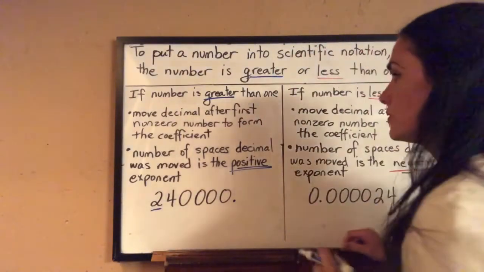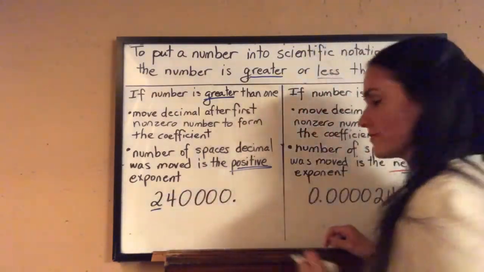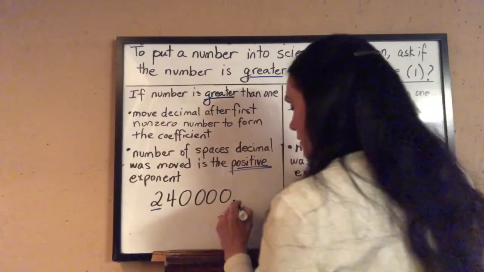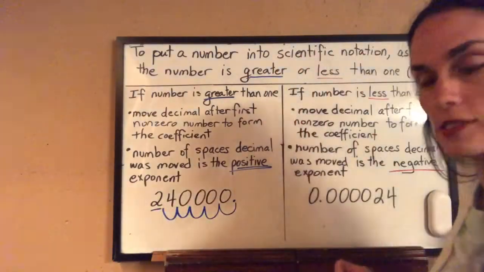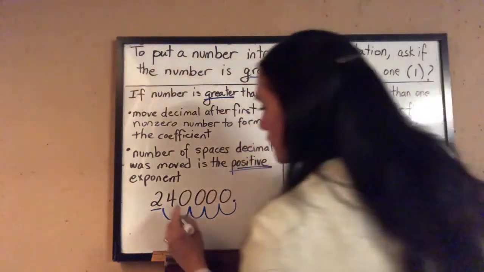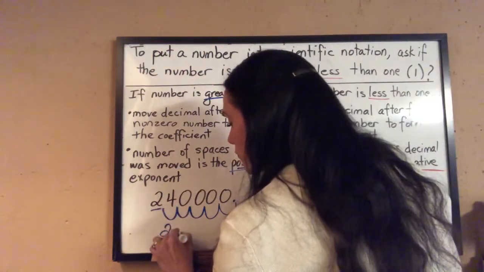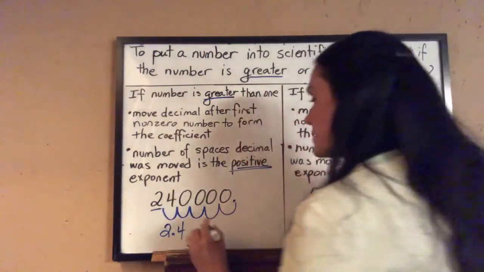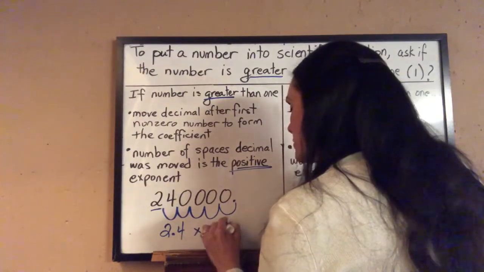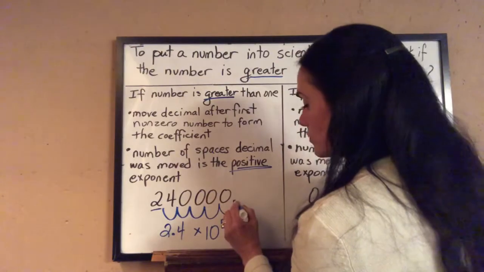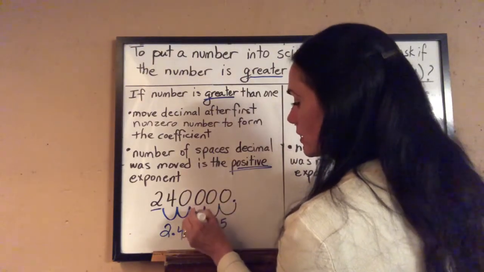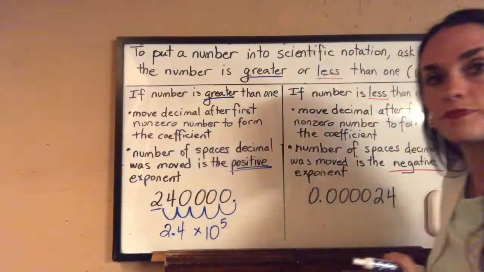So you're going to move the decimal after that first non-zero digit. 1, 2, 3, 4, 5 spaces it was moved. So the coefficient becomes 2.4, and the power of 10 becomes 10 to the 5th. You moved this decimal 5 spots. 1, 2, 3, 4, 5.